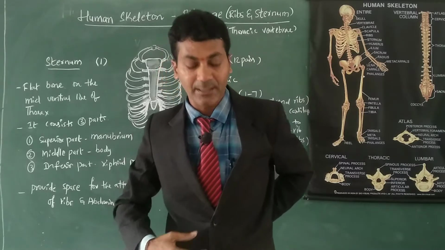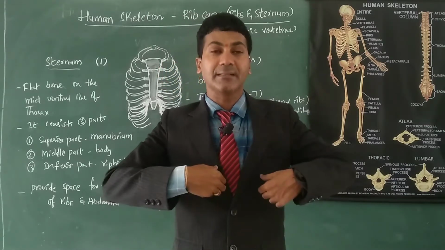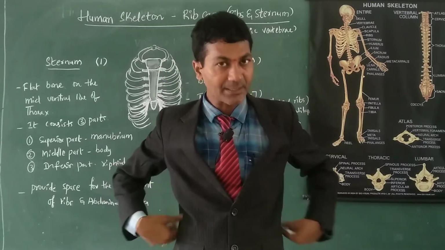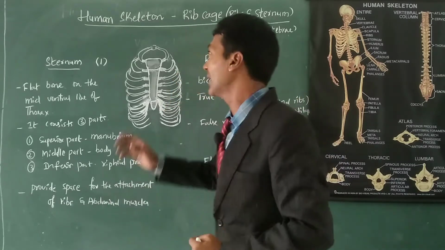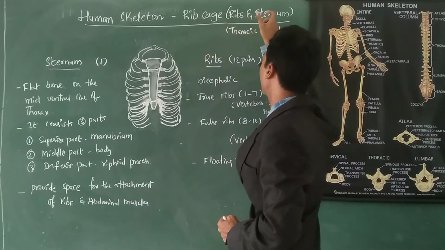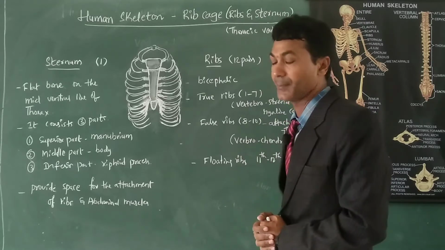Thoracic vertebrae, sternum, and the ribs attached to them are known as the rib cage. A rib cage is made up of ribs, sternum and thoracic vertebrae.